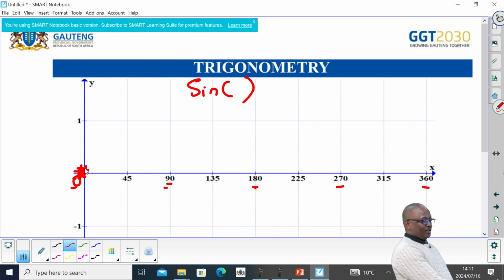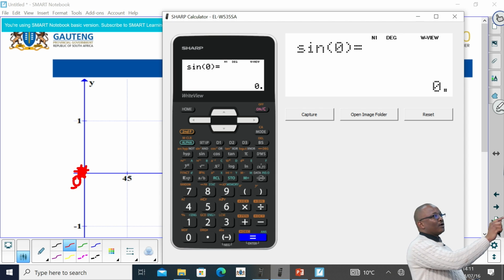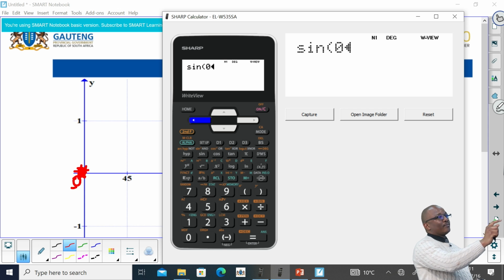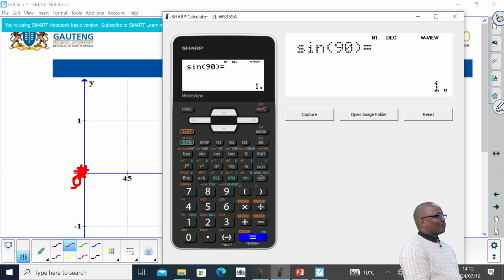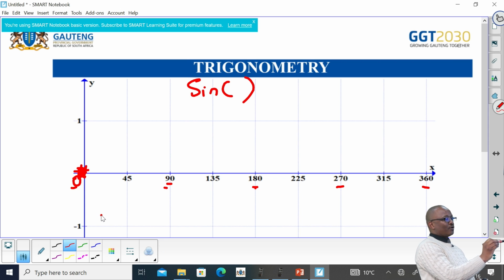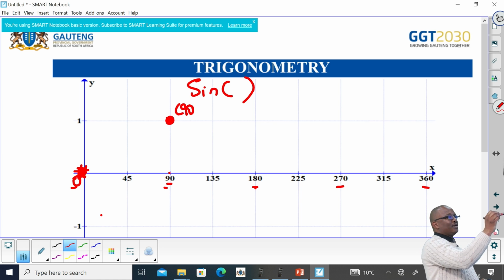Then from there, you go and inside those brackets, you will now put 90. Then when you put 90 and you're saying equal sign, you will get 1. It means now we are going to say 90 and 1.